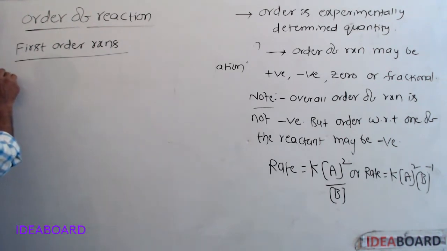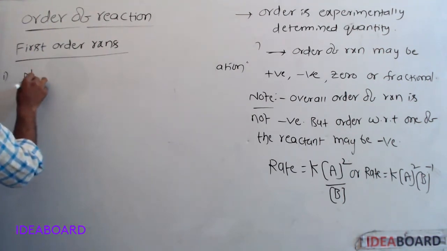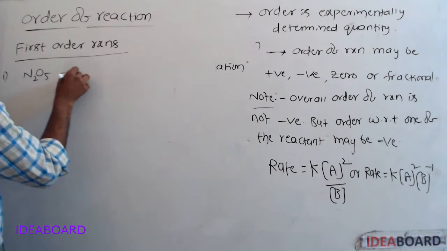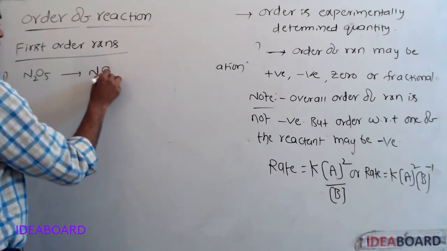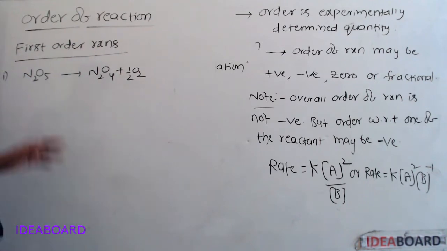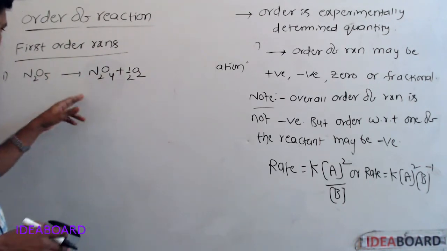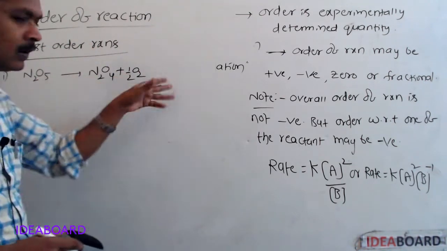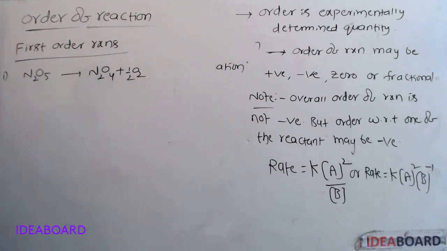First one, decomposition of N2O5. N2O5 on decomposition gives N2O4 and oxygen. This is a first order reaction.